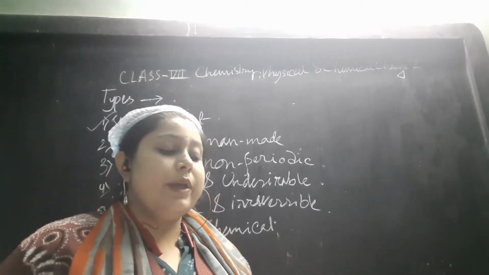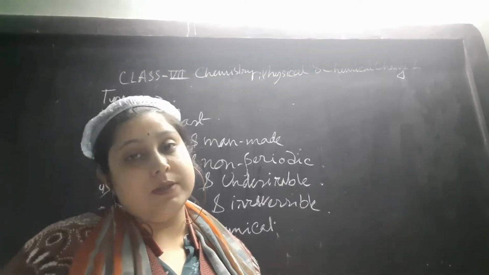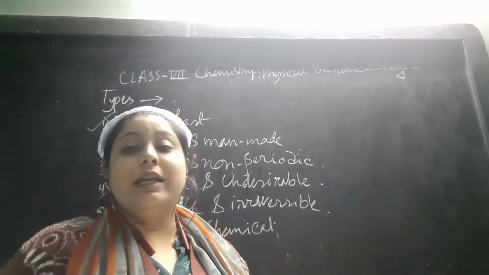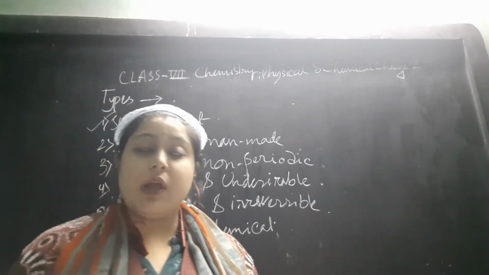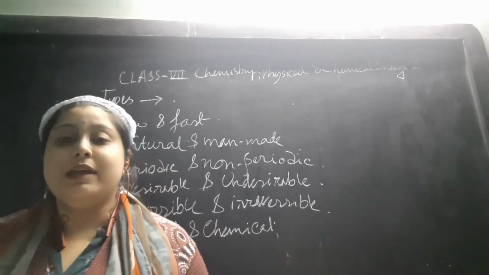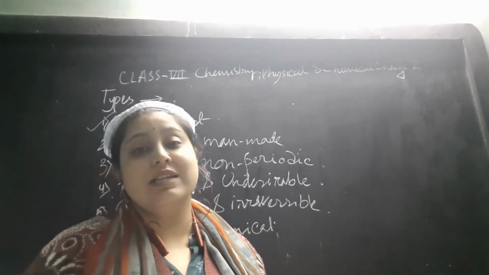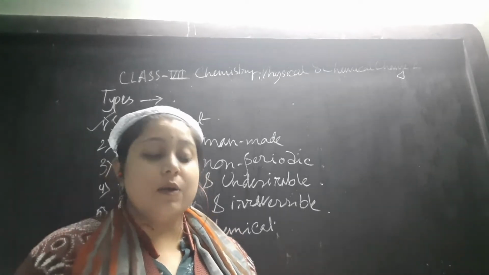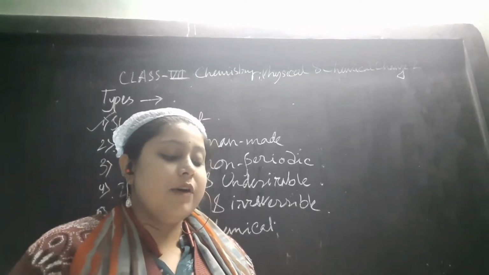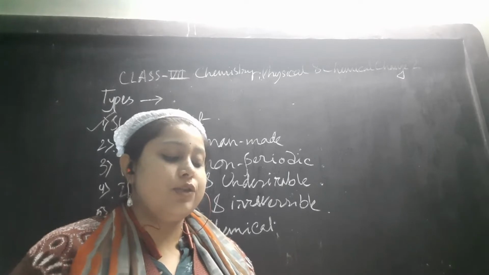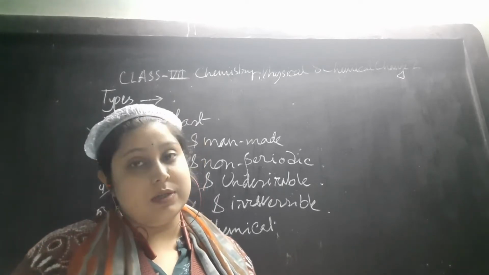A young man growing old takes a few years. When a man is growing and then becomes old, it takes him like 60 to 70 years. So this is obviously a slow change. Evaporation of water from a lake continuously takes hours.